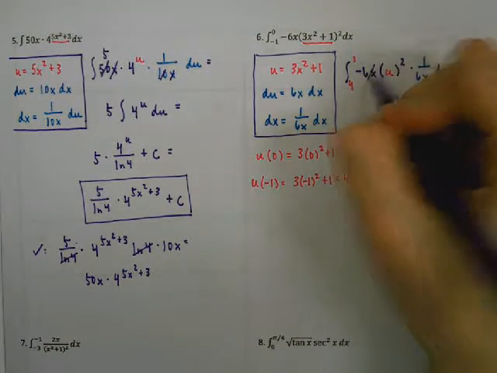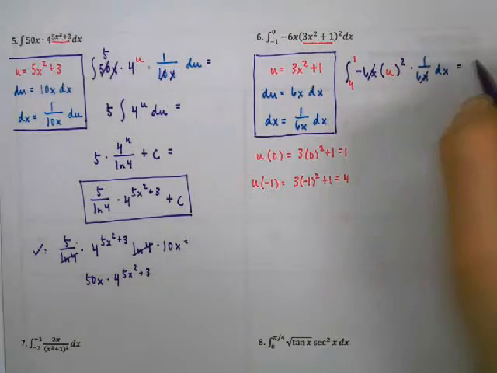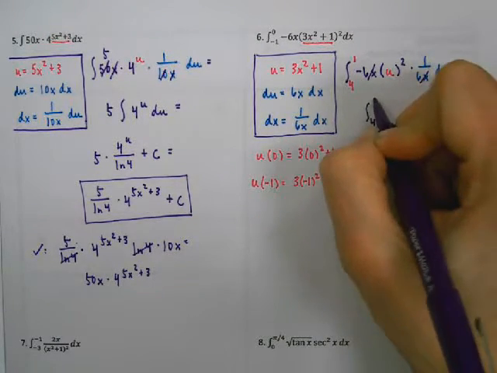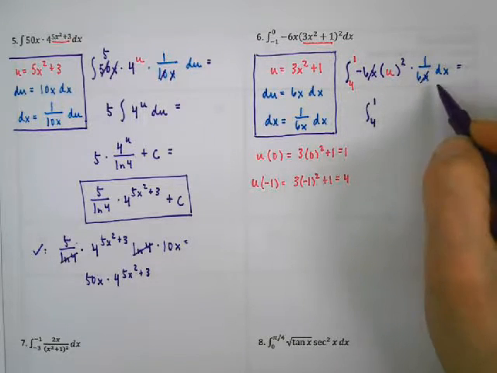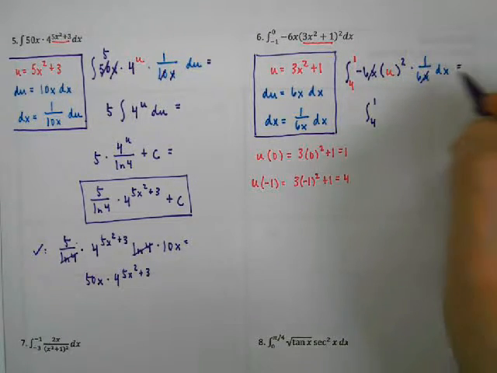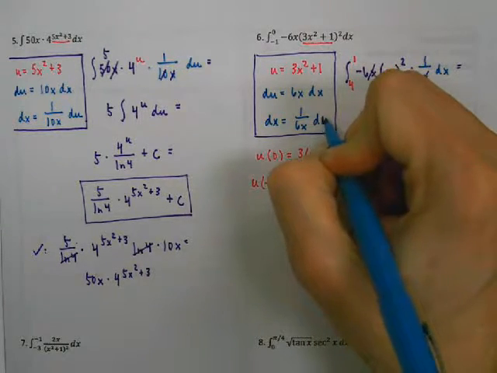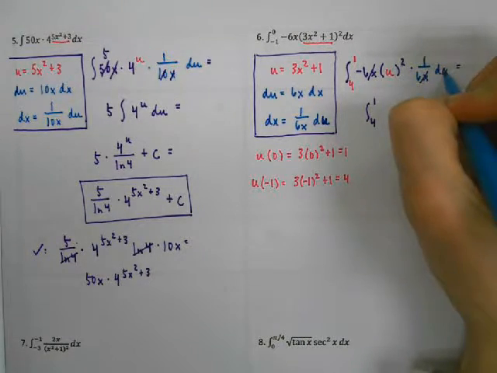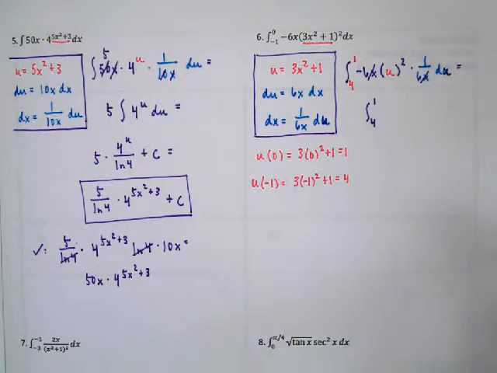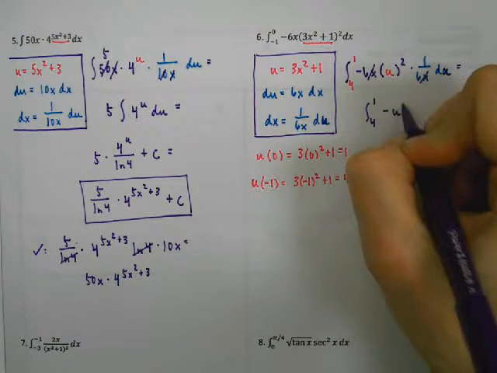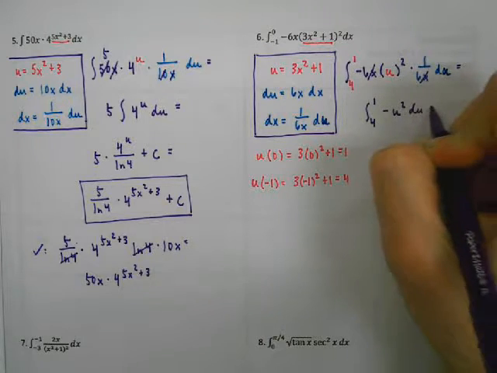Now I'm going to simplify, so this is going to go away. I have the integral from 4 to 1 of, let's see what's left here. Oops, I'm sorry, when I substituted this, this should have been a du. So now I have negative u squared du.